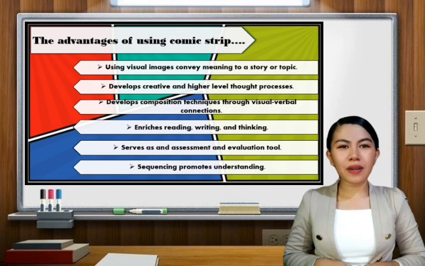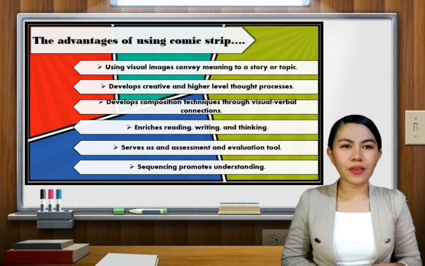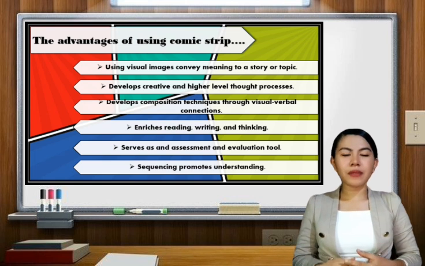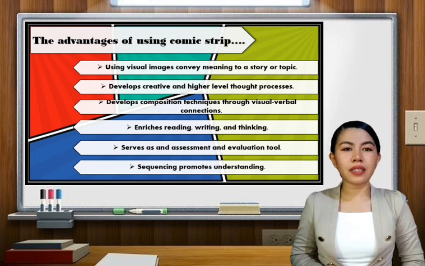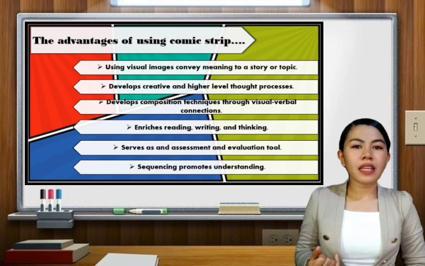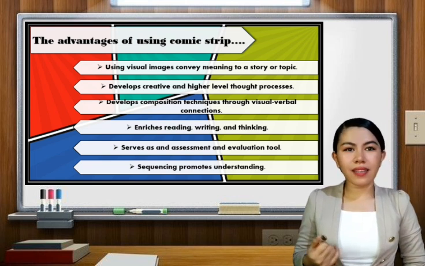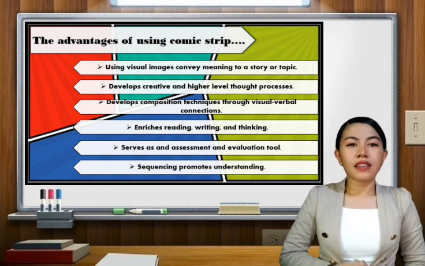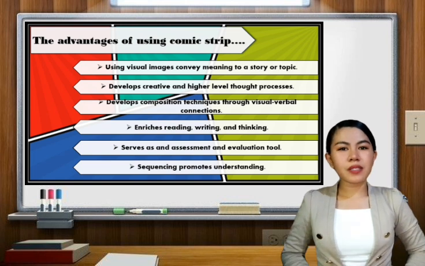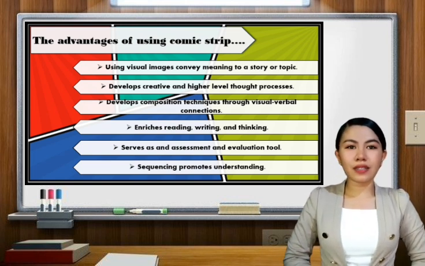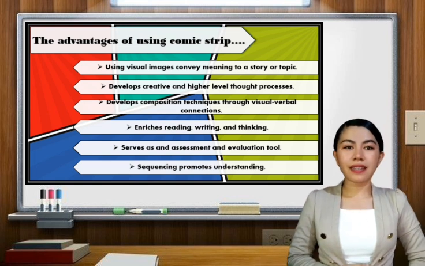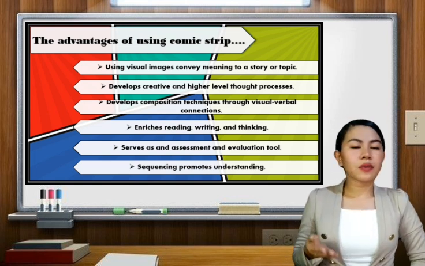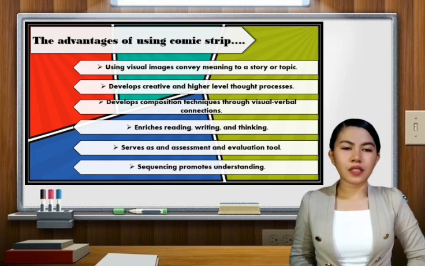Here are some of the other advantages of using a comic strip. Comic strip uses visual images to convey meaning to a story or a topic. Comic strip also develops creative and higher level thought processes. It develops composition techniques through visual verbal communications.